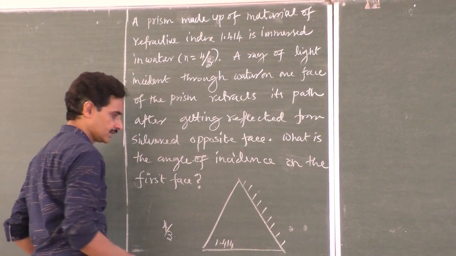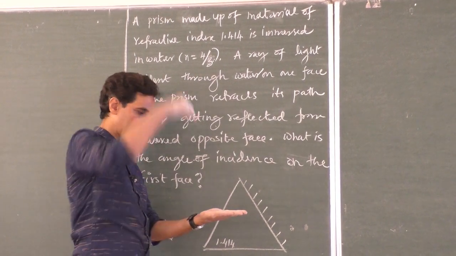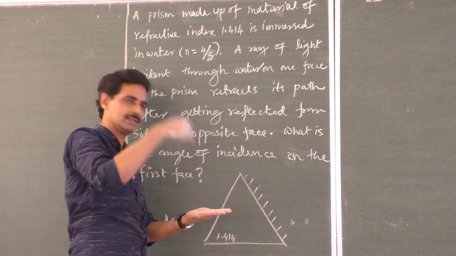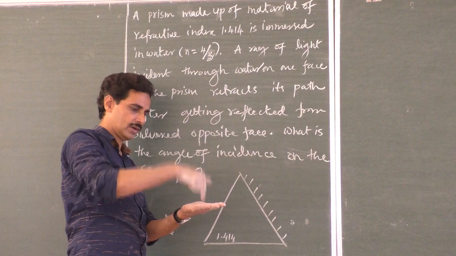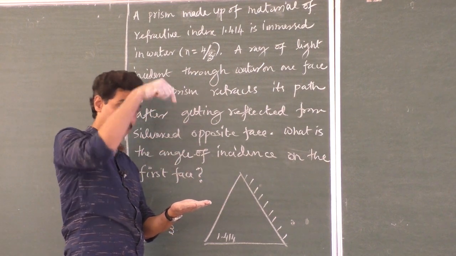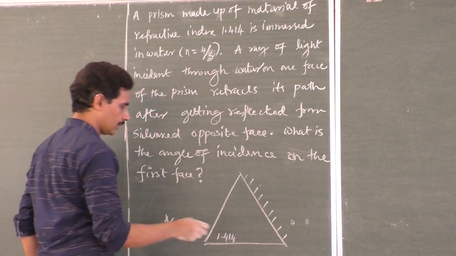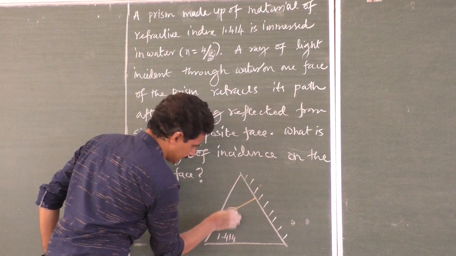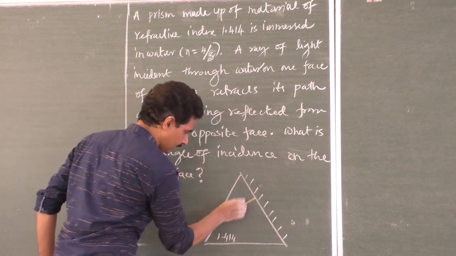Suppose you take a mirror like this, a ray of light will reflect back in the same path but in the opposite direction only when it is incident normally. Angle of incidence is 0, angle of refraction is also 0, because normal incidence is always along the normal. So the angle with respect to the normal is 0. It is possible when the ray of light is incident normally like this. It will return back normally like this.